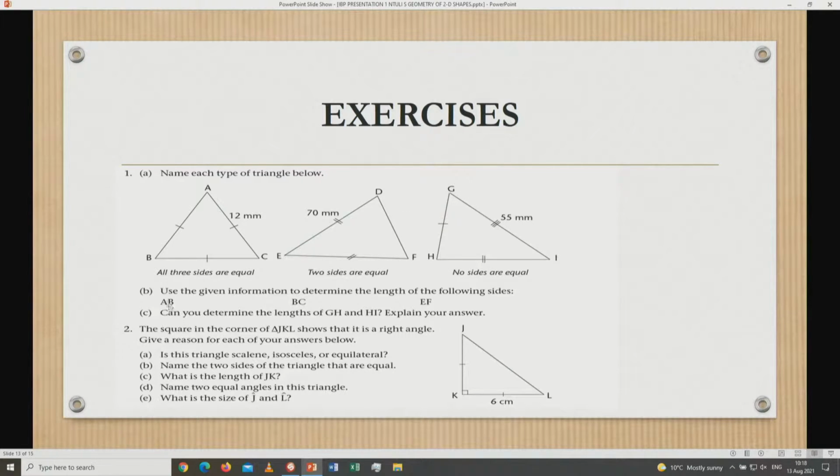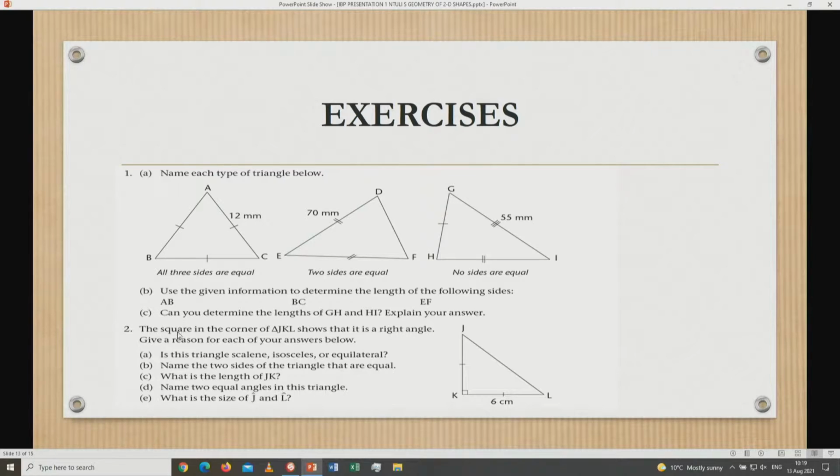Now, number B, we use the given information to determine the length of the following sides. Can you determine the length of GH in this one? We'll answer that one. And HI here. And you will need to explain your answer there, guys. That was the part of number 1.